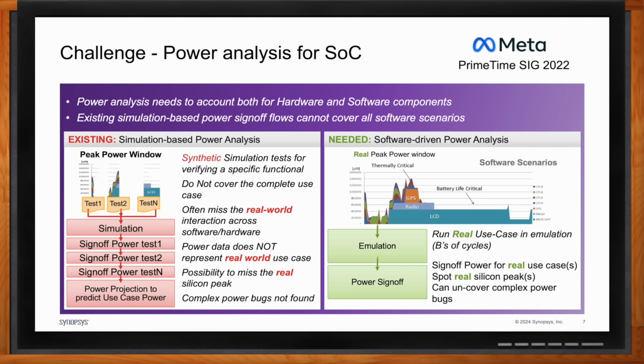So what they're advocating is instead using the actual software workload to do this power analysis. So they run a real use case in the emulation environment, getting a workload that represents tens of millions, hundreds of millions of clock cycles, and then they use the workload with a power analysis tool to really get a realistic picture of what their power profile looks like.